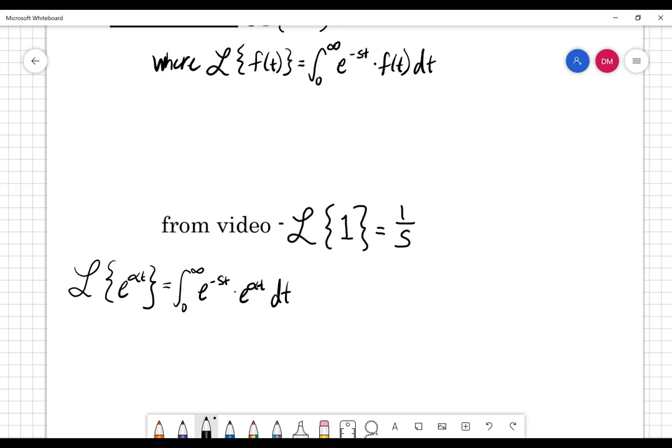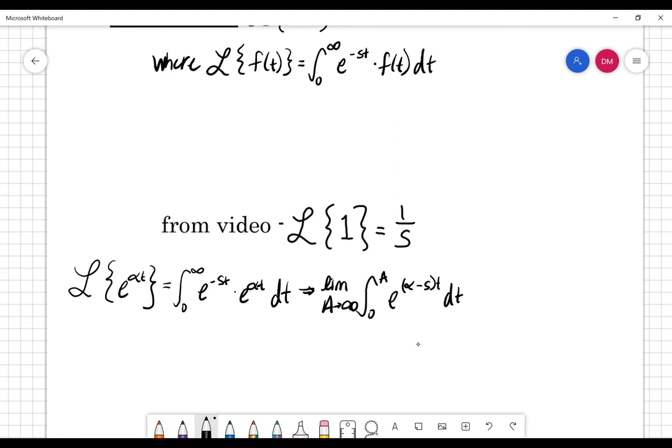Now, this is an improper integral for a reason. We can't evaluate an integral at infinity. And so what we do is we take the limit as a goes to infinity, and we evaluate the integral from 0 to a. Now I'm going to go ahead and use some properties of exponents here to combine this and make this e to the alpha minus s times t, just flipping those to make it a little easier. So e to the alpha minus s t dt.